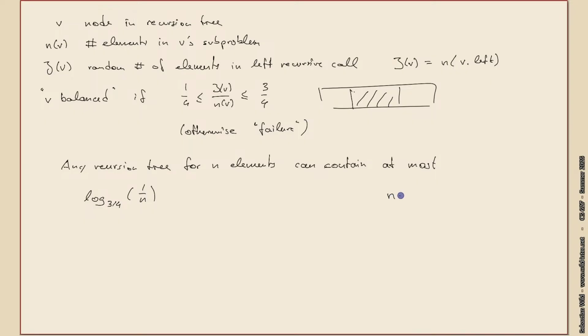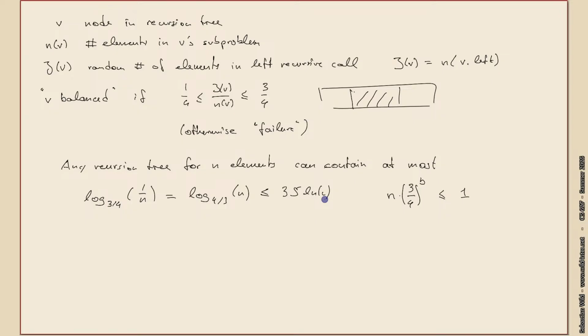So you start with n. The number of balanced nodes is how much this reduces, and you stop when you have a single vertex. If you solve that for B, you get this quantity. I computed that this is about 5 ln n.